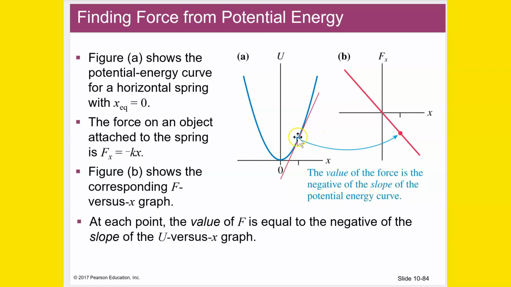So the opposite of that slope is equal to the value here. So this is a positive slope, we have a negative value. Over here we'd have a negative slope, and we'd have a positive value. At each point, the value of F is equal to the negative of the slope of the U versus x graph. Again, sort of confusing.